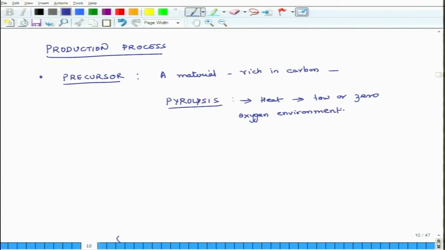Okay. And at high temperature. This temperature is not small, it is a high temperature, and as a consequence the precursor material breaks down into gases, some liquids and solid residue.